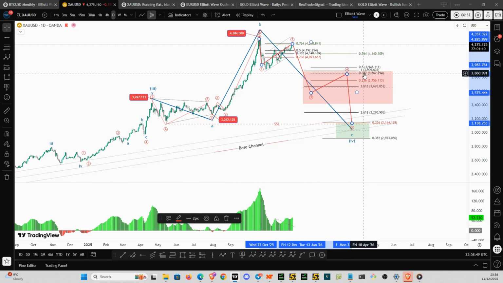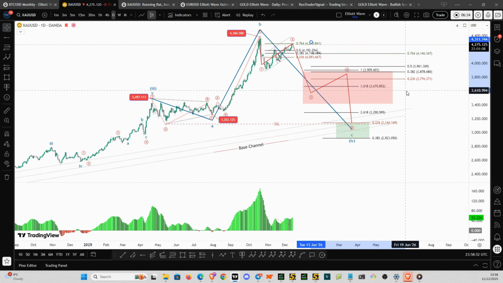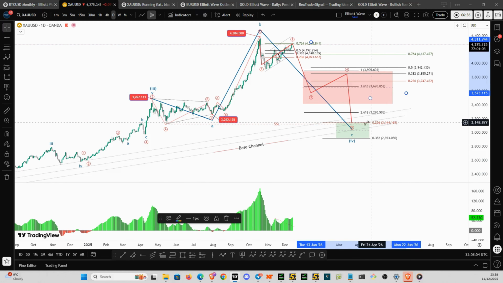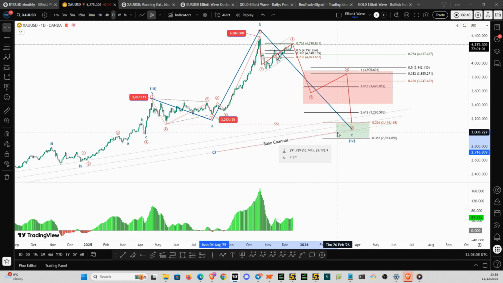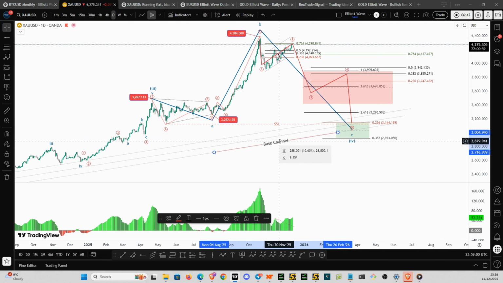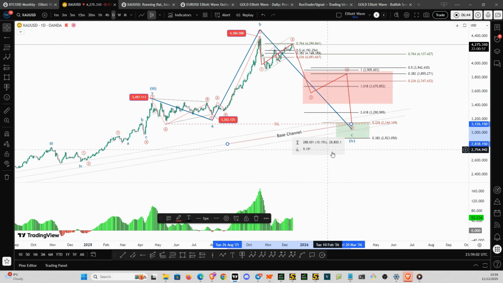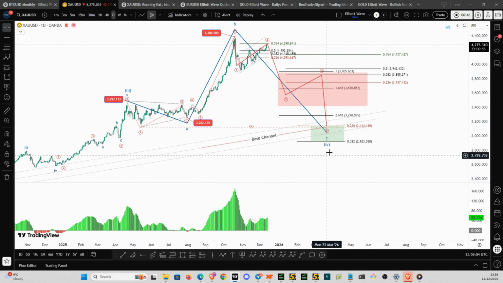That area combines the flat C wave projection with the larger base channel support and key Fibonacci retracements, making it a logical zone for wave 4 of the higher degree to terminate. From there, the roadmap points to wave 5 of the larger impulse beginning to the upside.